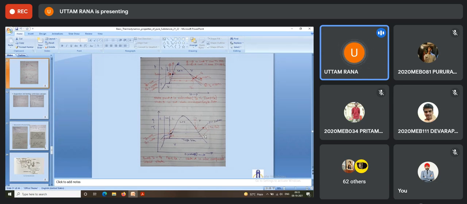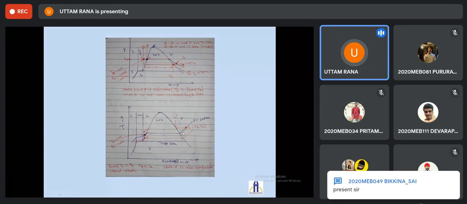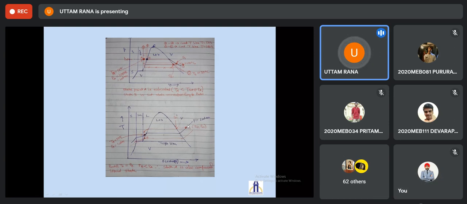Okay. So here you can see this is the TS diagram. You choose any point, let us say where my mouse pointer is. Here the temperature is higher than the saturation temperature, that's why it is a superheated steam.